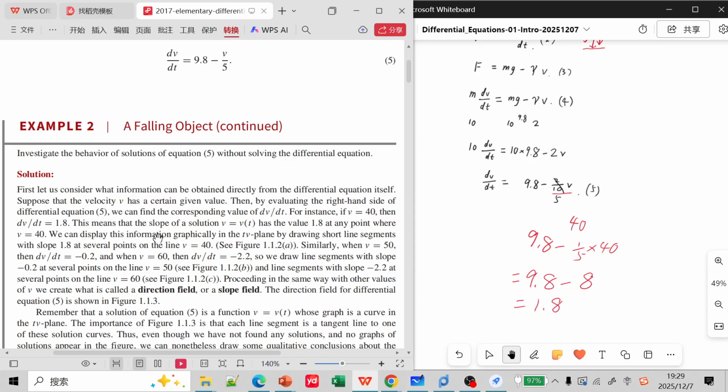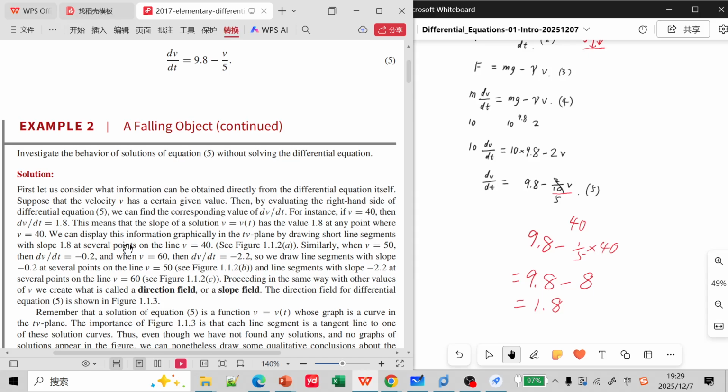This means that the slope of a solution v, or v of t, has the value 1.8 at any point where v is equal to 40.